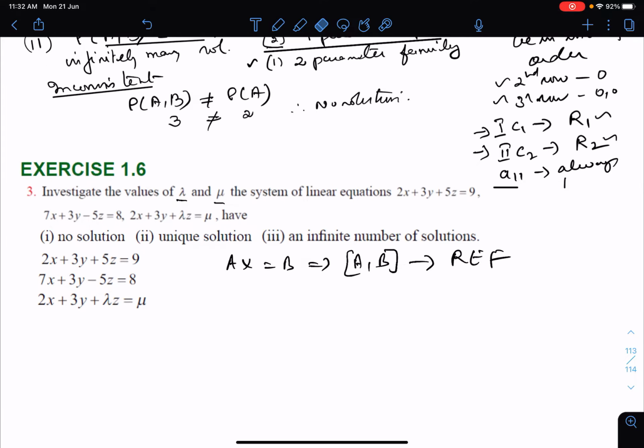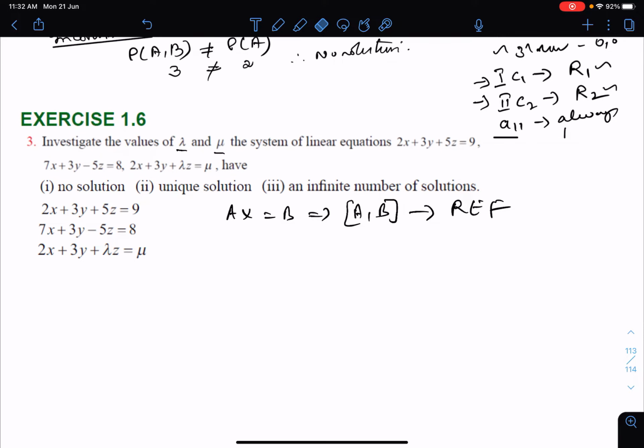Now we shall move into the problem given. First we will write our AX equal to B. The matrix A is 2, 3, 5; 7, 3, minus 5; 2, 3 and lambda.